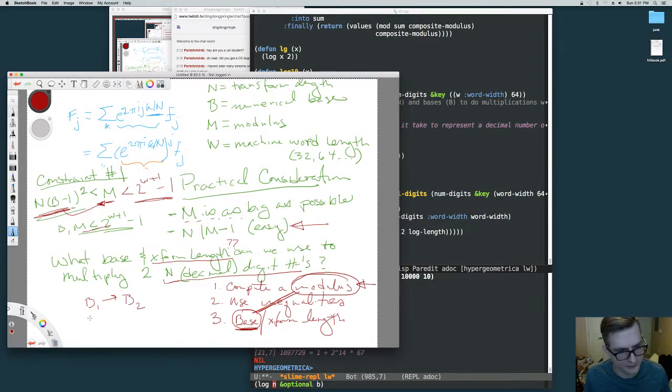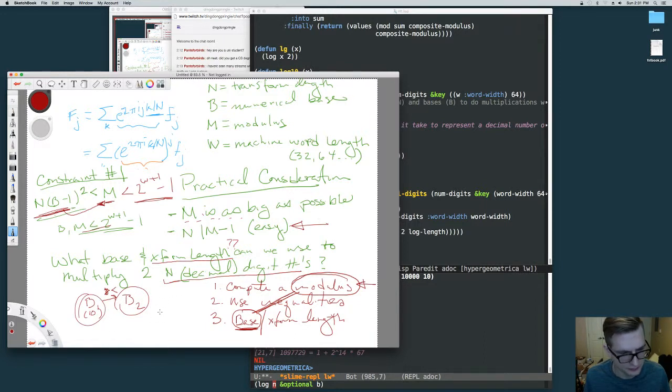And the number of decimal digits that you can represent, and presumably this is going to be less than, because this is mostly going to be 10. So how many digits here does it take to represent a decimal digit here?